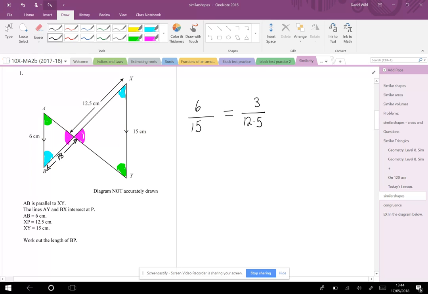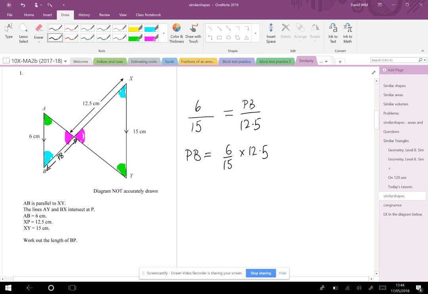So that's PB divided by 12.5. We're trying to find what PB is, so we multiply both sides by 12.5. So PB equals 6/15 times 12.5.